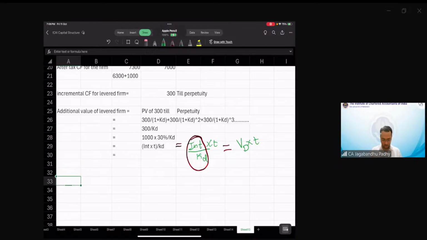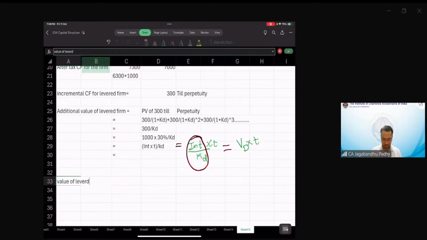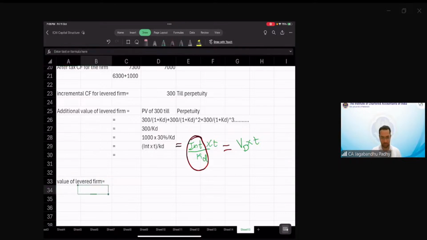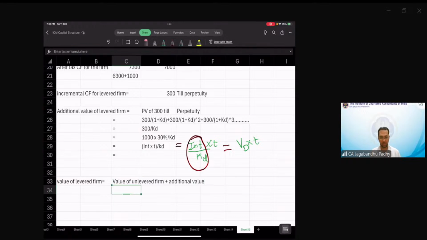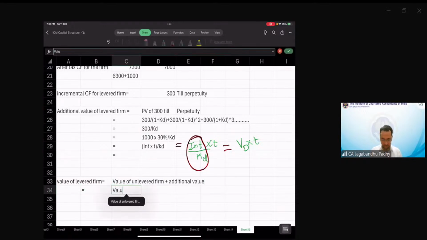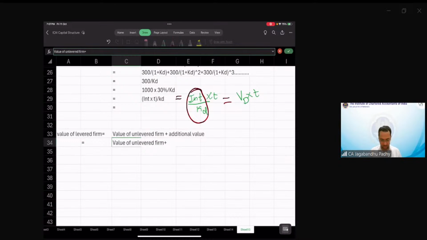So can I say the value of levered firm will be value of unlevered firm plus the additional value? And what will be the additional value?